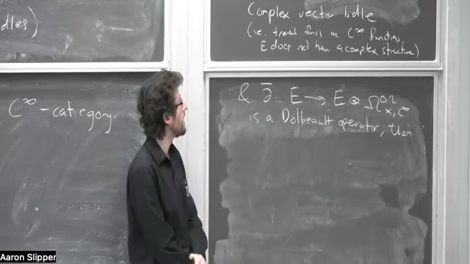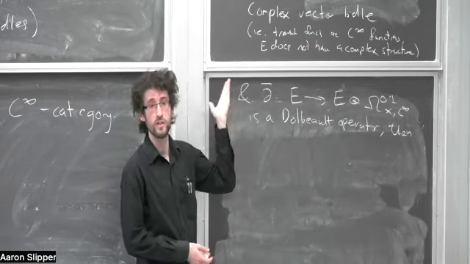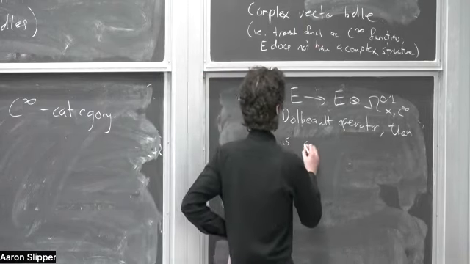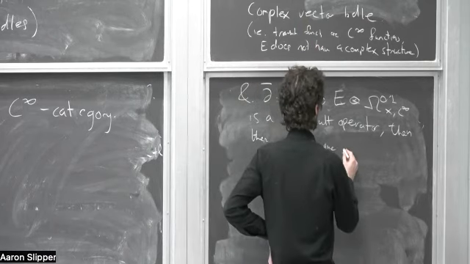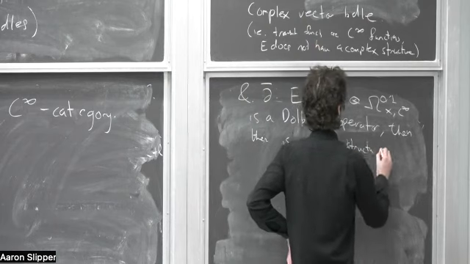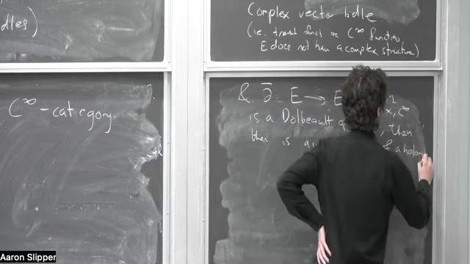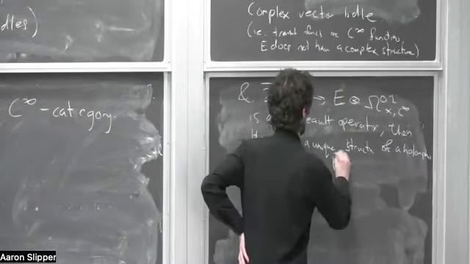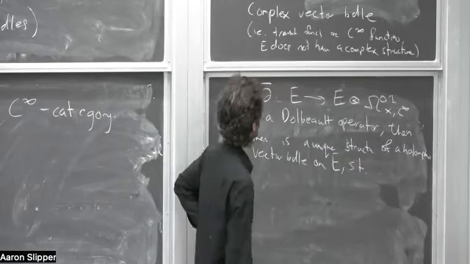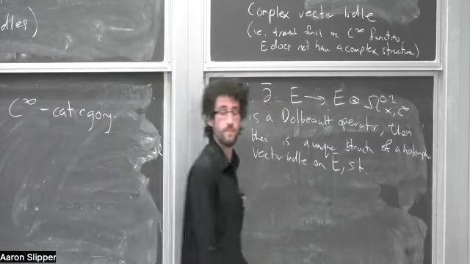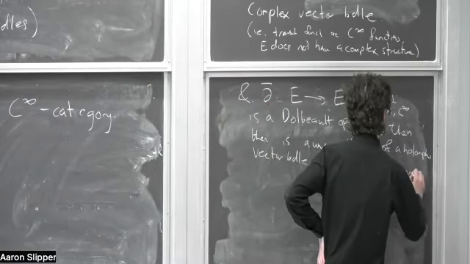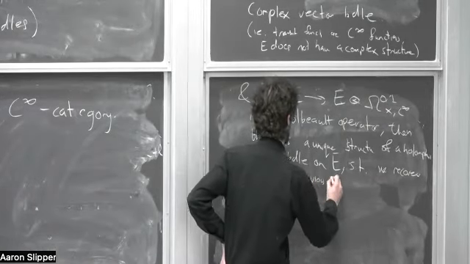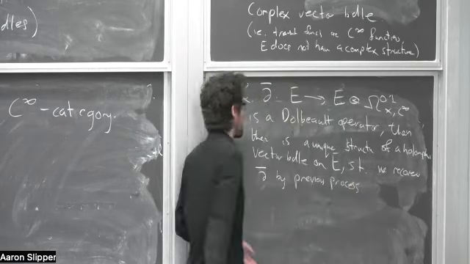And as such, you actually have a holomorphic vector bundle, such that we recover del bar.